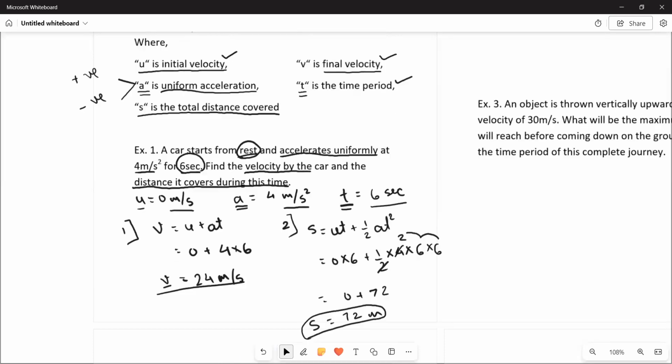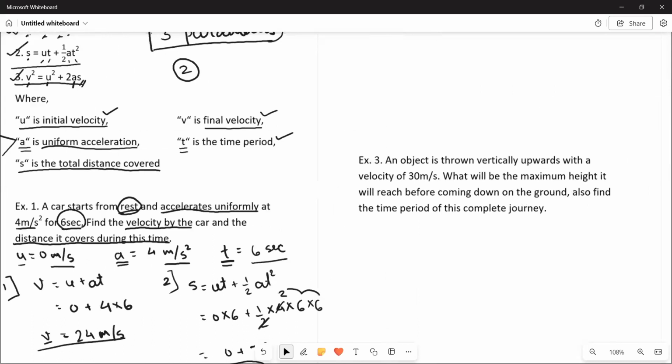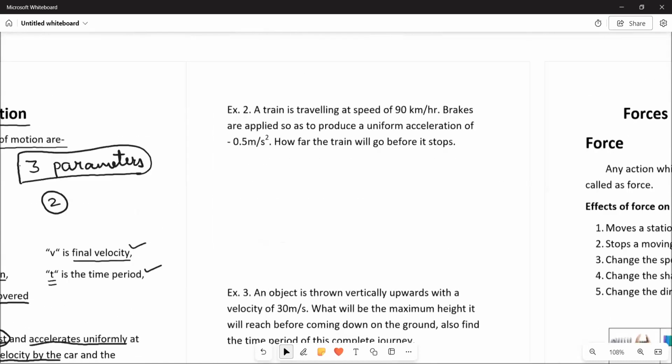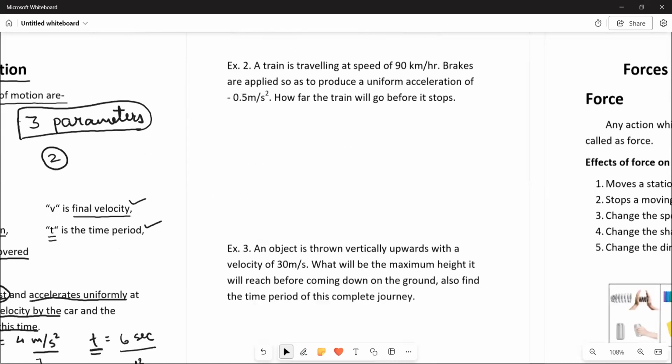So now we'll move on to our next question. Now see, a train is traveling at a speed of 90 kilometers per hour. Brakes are applied so as to produce a uniform acceleration of minus 0.5 meters per second square.